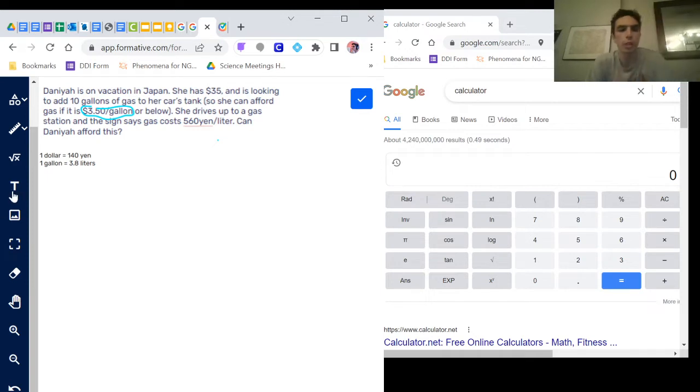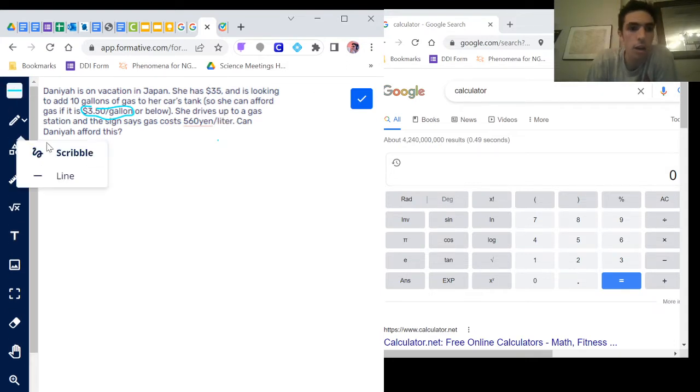Okay, so she can afford that much gas, but she drives up to this gas station in Japan, and of course the price isn't listed in dollars per gallon, it's listed in yen per liter. A lot of the world uses liters for their liquid volume measurements instead of gallons. So this brings us to reason one that we might need to do unit conversions.